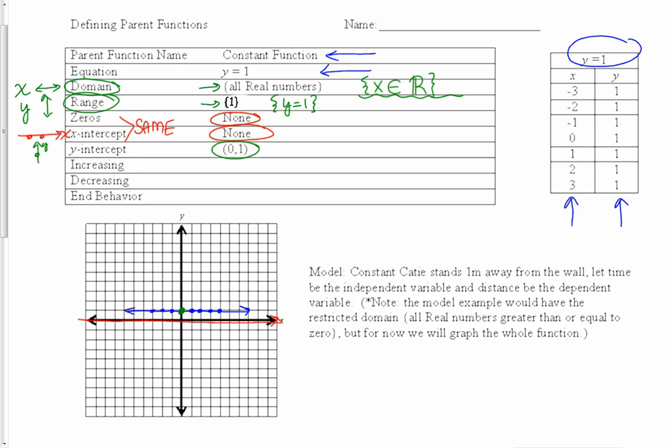All right, the next two pieces of information are increasing and decreasing. Remember that for increasing and decreasing, I always go from left to right. I'm also going to ask about the end behavior next, which is on the left and on the right.